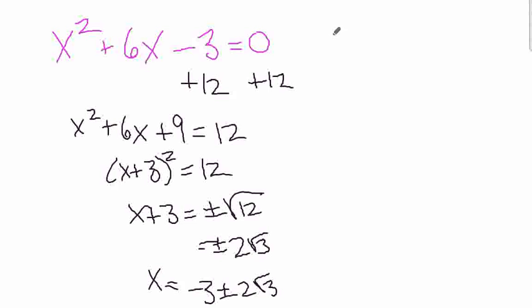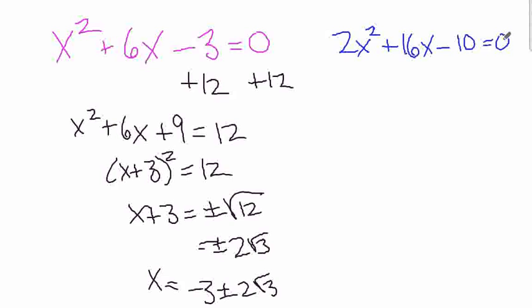So what if I had something like 2x squared plus 16x minus 10 equals 0.